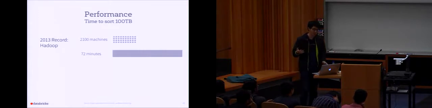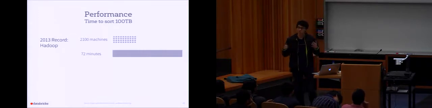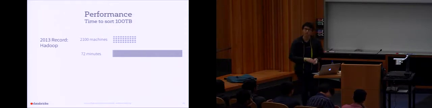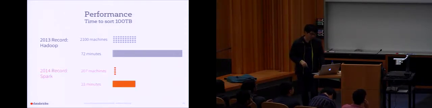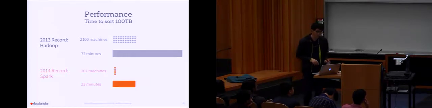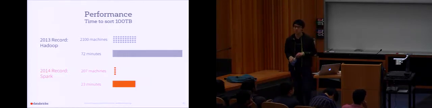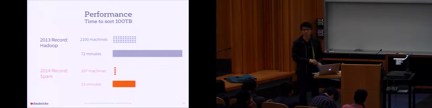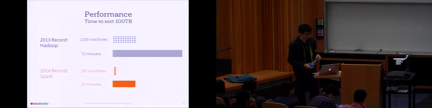So I started doing it, and in the course of running these benchmarks, we ran into a lot of engineering problems with scalability that we had to fix, which was great feedback for Spark development. But the final result was we ran it on about 200 machines on EC2, and it took about 23 minutes to sort the same 100 terabytes. So this is the latest world record right now.